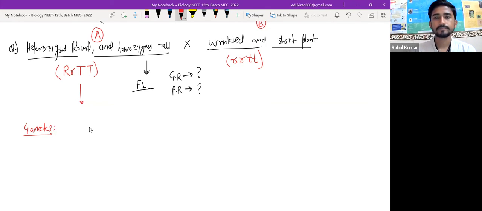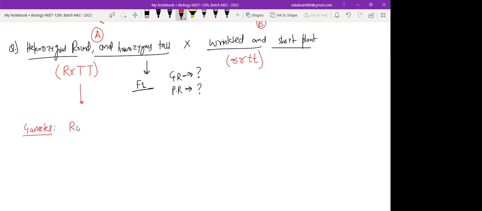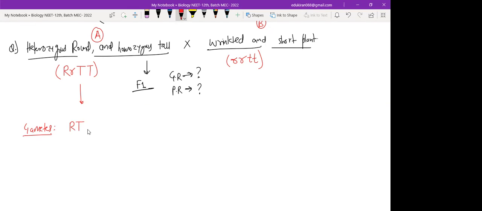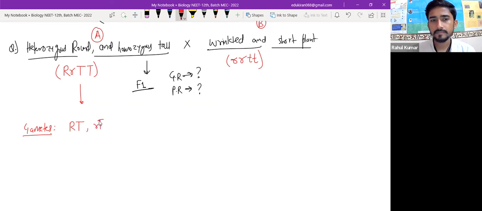Tell me the gametes for parent A. Capital R, capital T is one gamete, and small r, capital T is another gamete.